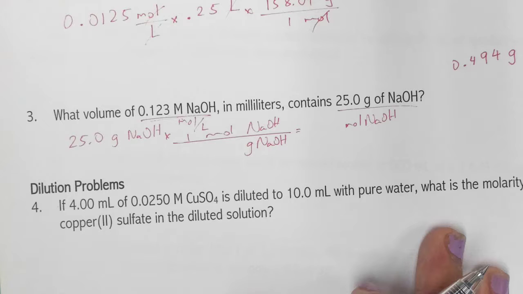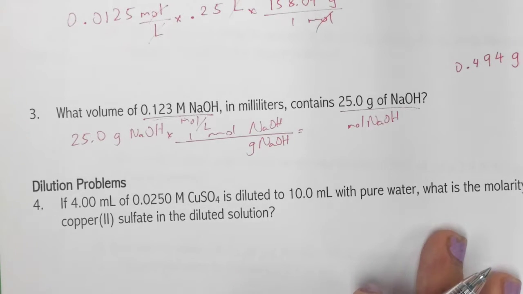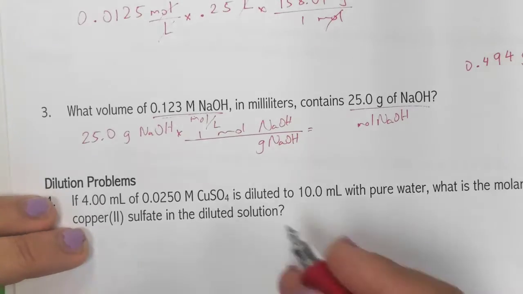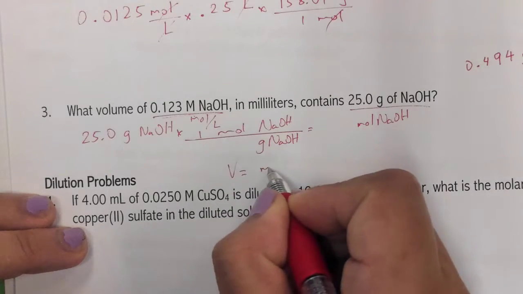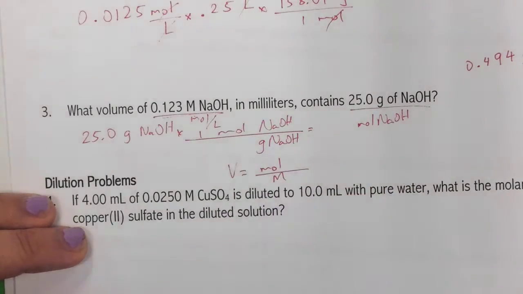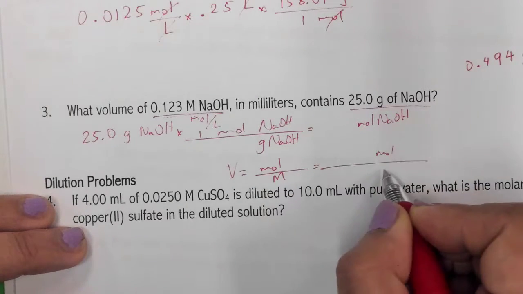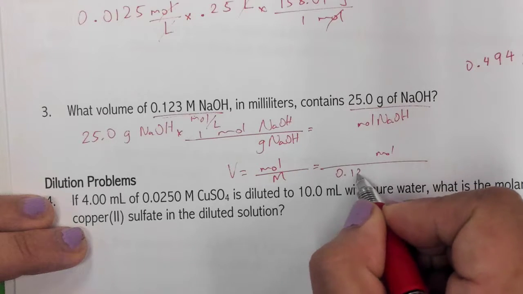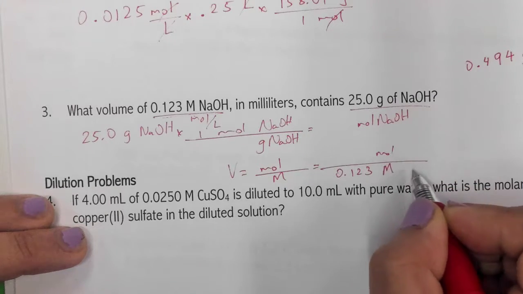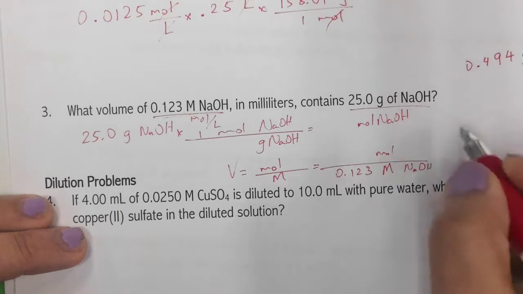You divide your mole by the molarity. So to find volume, you're going to do mole divided by molarity. So that's what you're going to be doing. So whatever mole it is, you divide by 0.123 molarity NaOH.